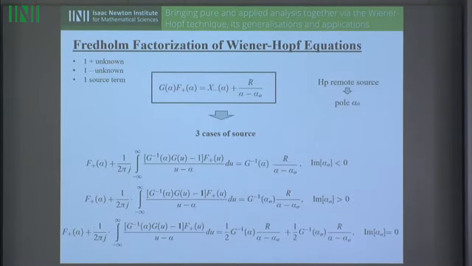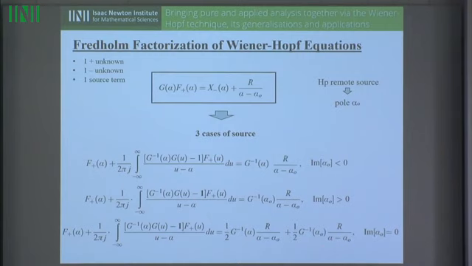So here we report the equations derived before in the three cases when the pole of the source is in the lower plane, in the upper plane, or on the real axis. So we have these three different equations. It depends on the location of the pole of the source.